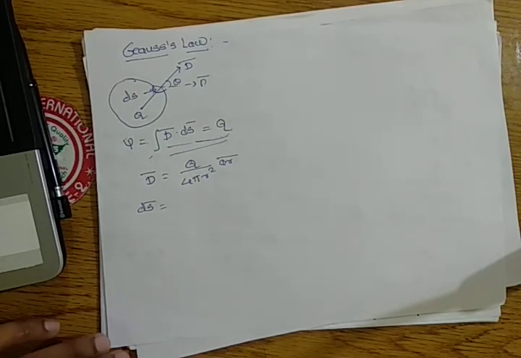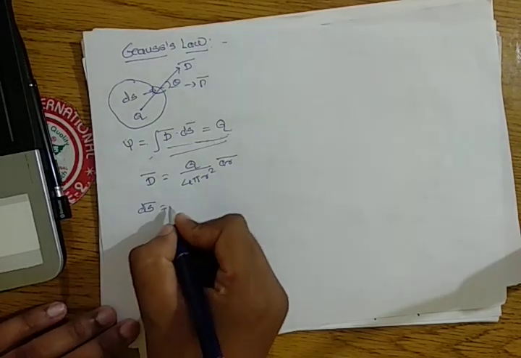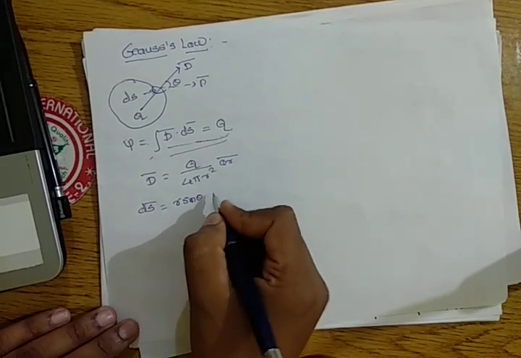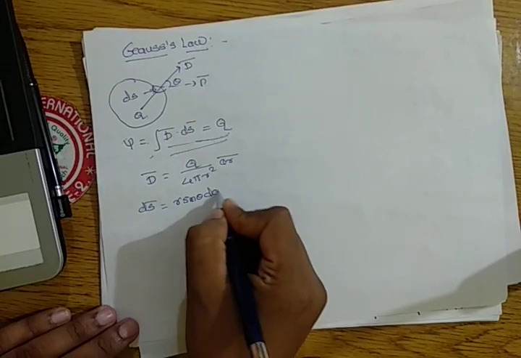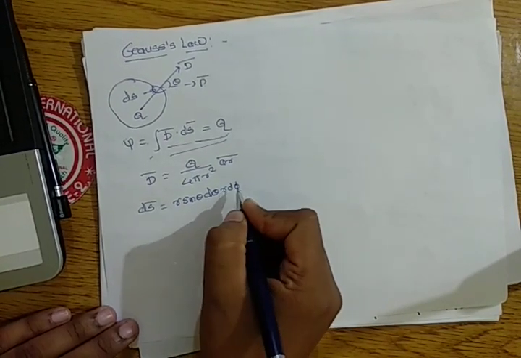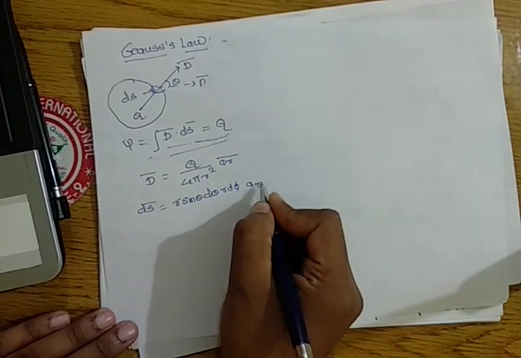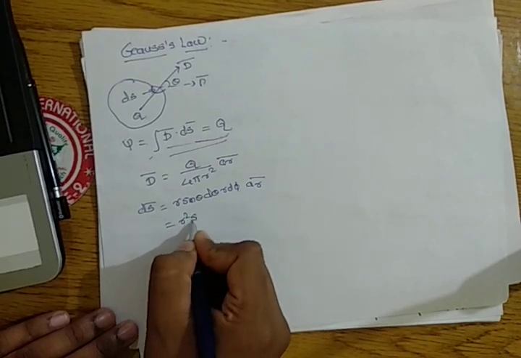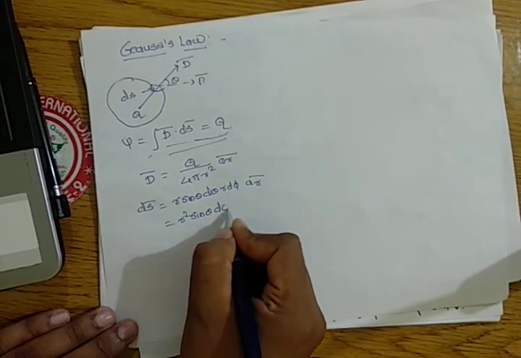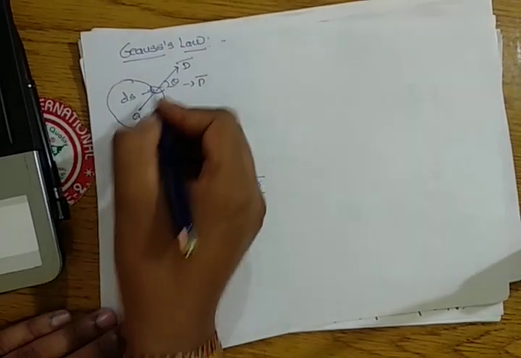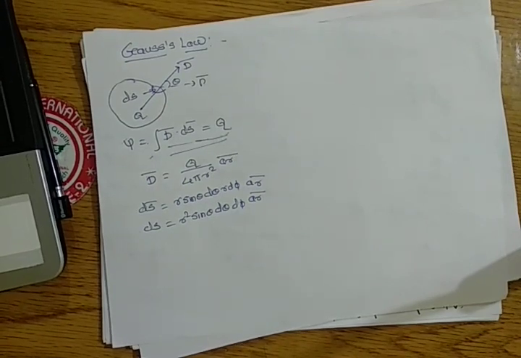Radius is constant, and the other two components are r d theta and r sin theta d phi, and the constant direction is a r bar. So ds bar is equal to r square sin theta d theta d phi a r bar.